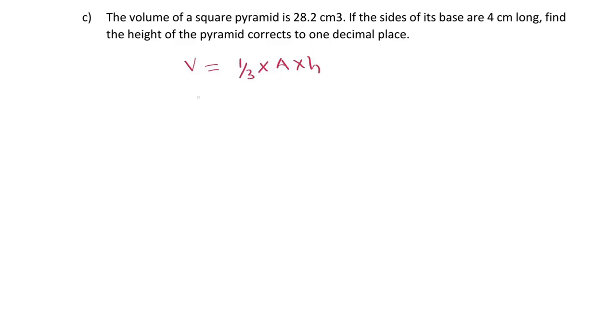Okay, so from this formula, we can find the height of the pyramid. And to find the base area, we are going to take the length times the length. Okay, so we've been told that this is a square base, then let us apply the values. We are having area of the base equals 4 times 4, of which after solving the values, we are going to have 16 centimeters squared.